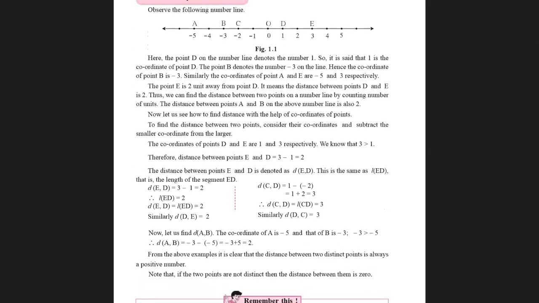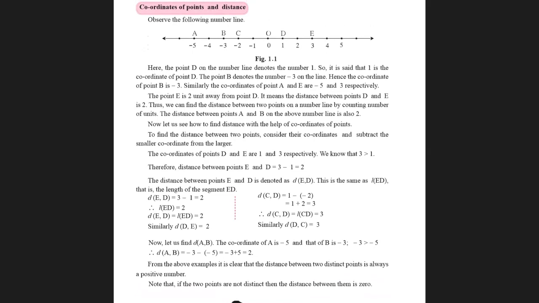Now similarly, another example is to find the distance between the 2 points CD. Carefully look at the figure once again, the number line. C has the coordinate -2 and D has a coordinate 1. Now to find the distance between CD, what are we doing? We take the bigger coordinate. Which is the bigger coordinate?